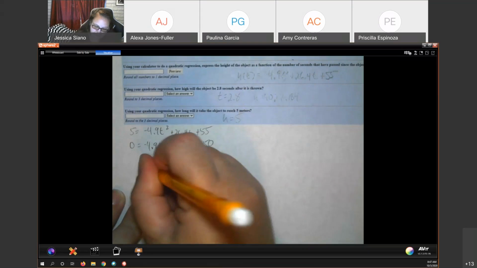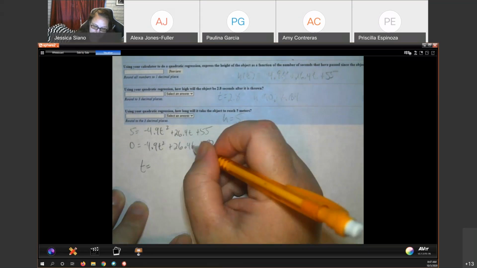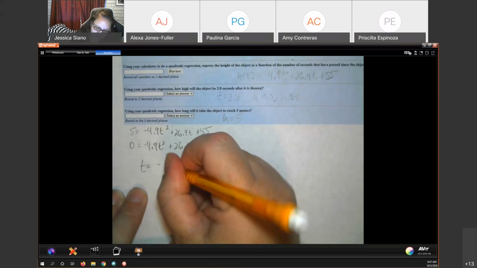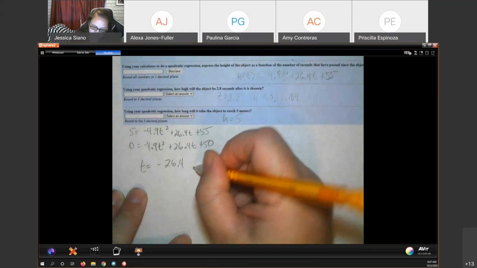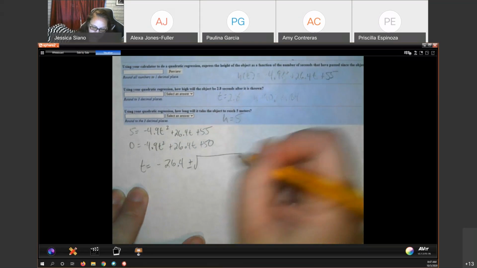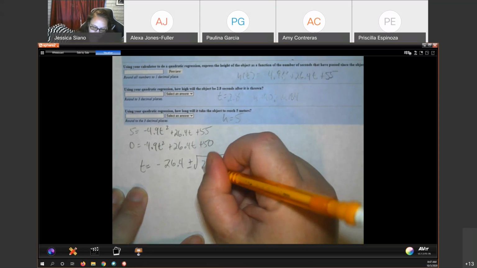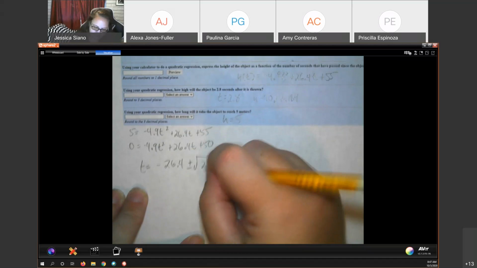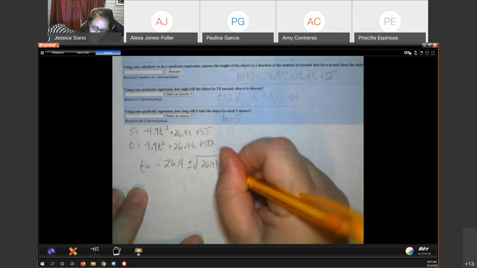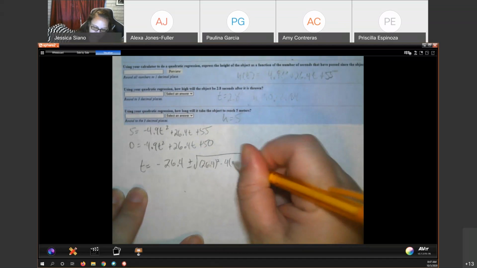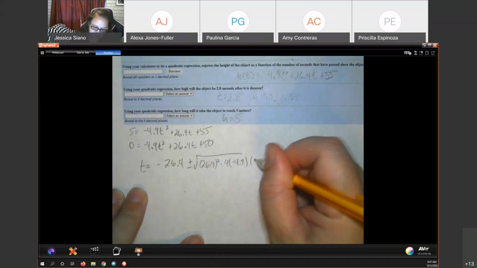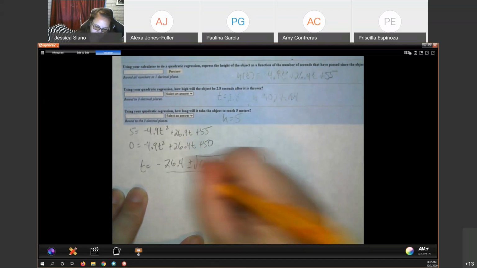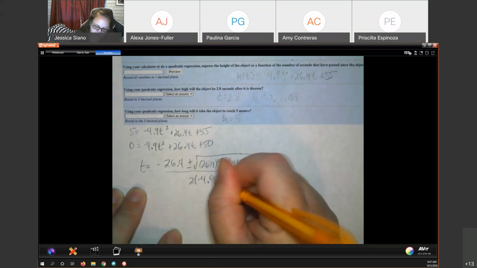So T equals negative 26.4 plus or minus the square root of 26.4 squared minus 4 times negative 4.9 times 50, over 2 times negative 4.9.